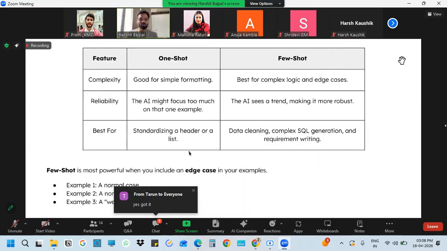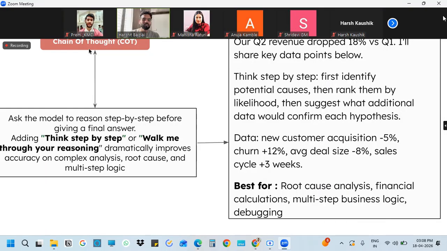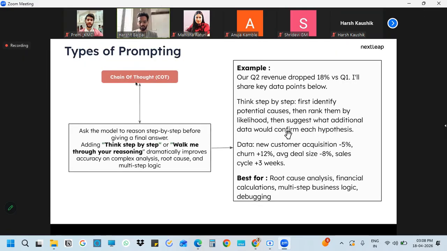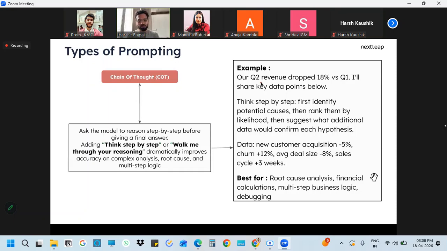So this is few shot, one shot, zero shot prompting. We'll go ahead. This is called chain of thought prompting. So there are some fancy terms, so just be with me. Say there is some kind of analysis that you're doing as a data scientist, data analyst or business analyst, right? And the objective is that the revenue of Amazon or Flipkart has dropped 18% compared to quarter one, and you need to figure out why this is happening.